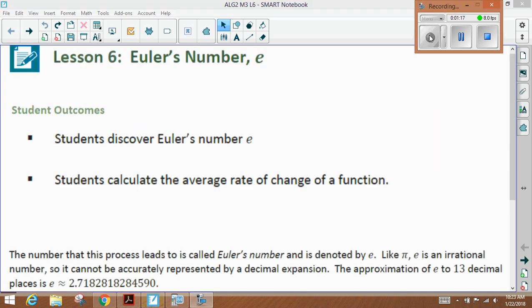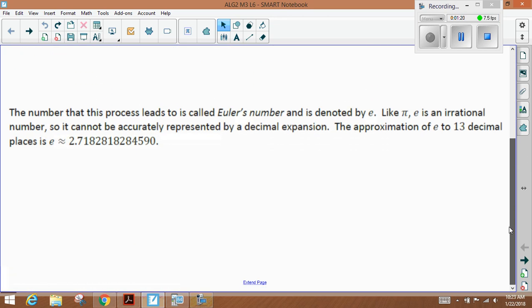First thing we need to do, we're going to work with Euler's number, E, later on.